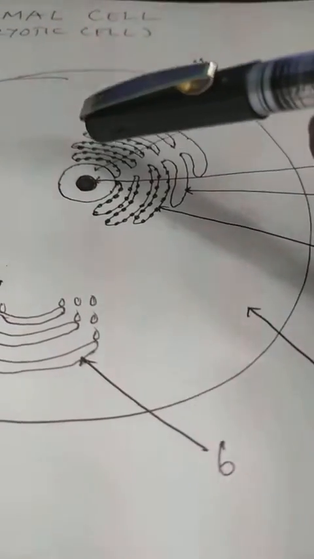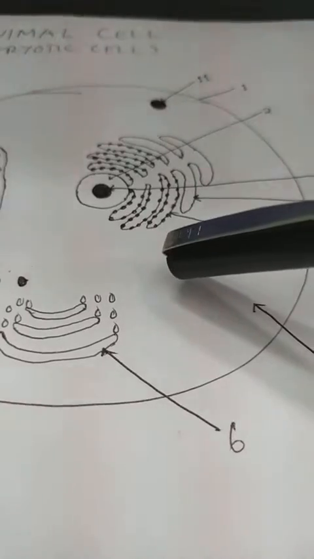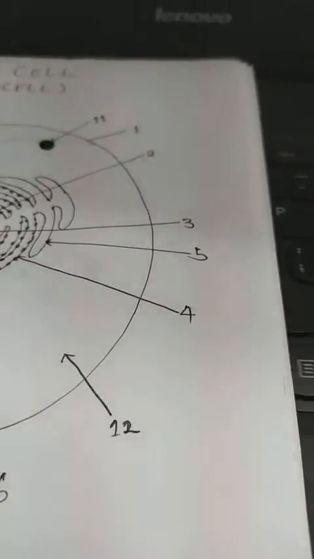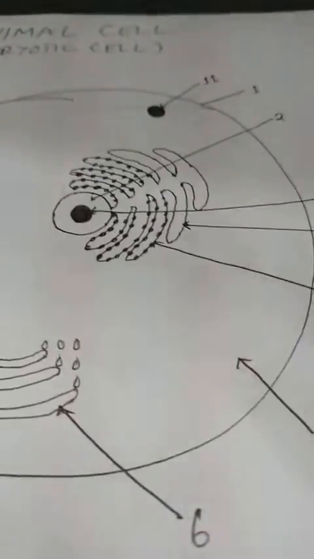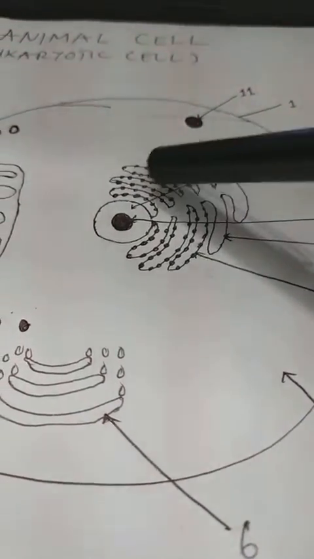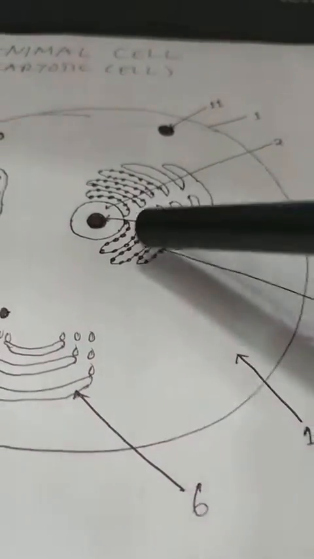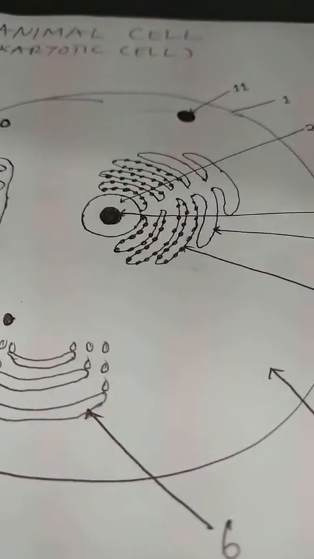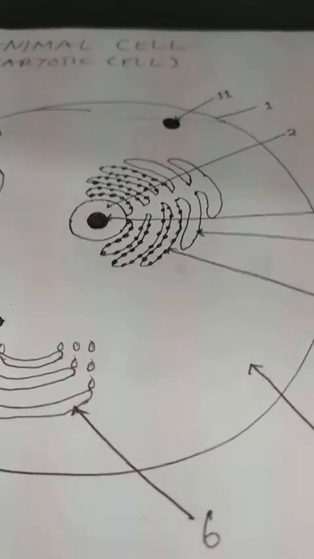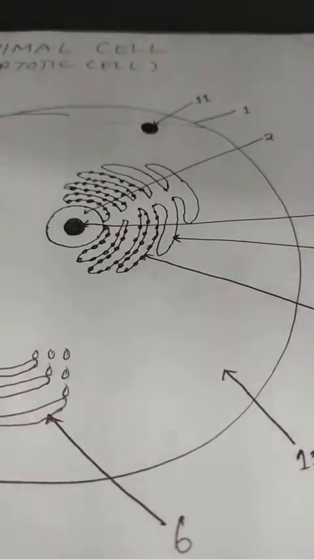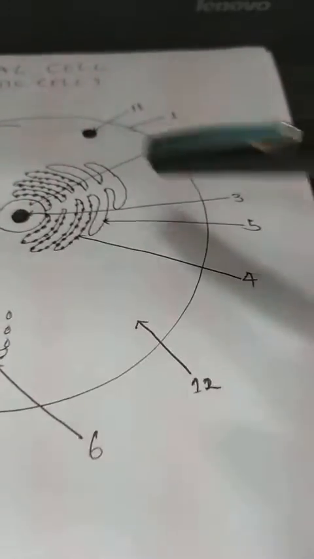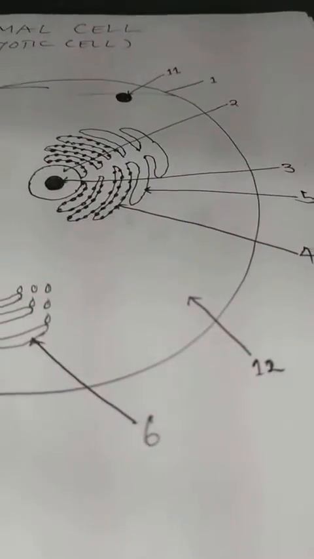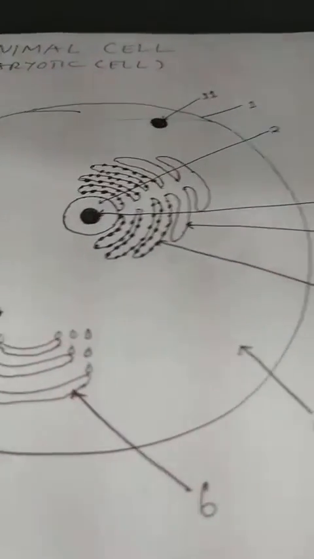If we analyze its structure, we will see that the rough endoplasmic reticulum has ribosomes attached on its membrane. The dots you see are ribosomes, and the main function of ribosomes, as we all know, is synthesis of protein. So the rough endoplasmic reticulum is involved in direct synthesis of protein.